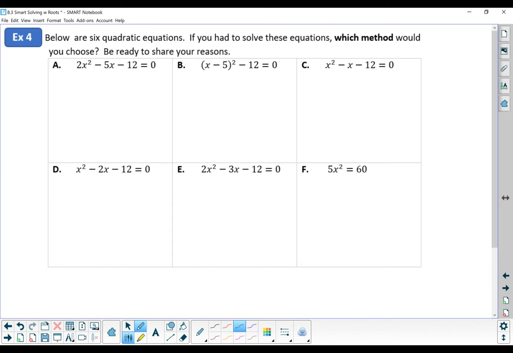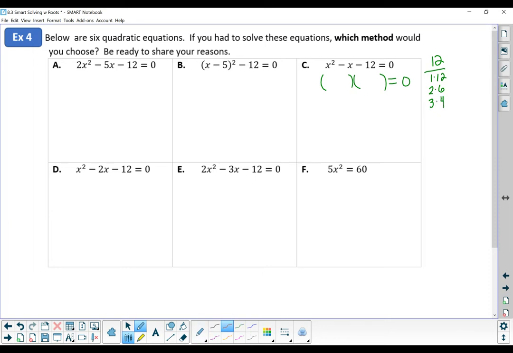The first strategy that we learned is factoring. So when we factor, we're looking at something that's in standard form, and we're trying to come up with a combination of factors that work. So example C is a good example of a factorable equation. 12 has 3 combos, 1 times 12, 2 times 6, and 3 times 4.